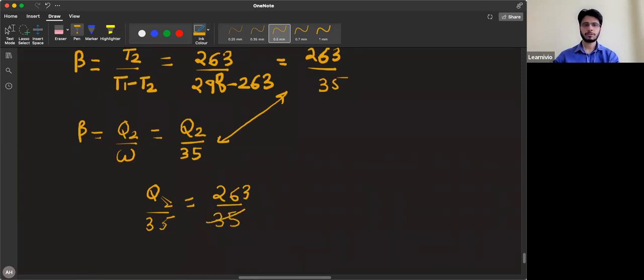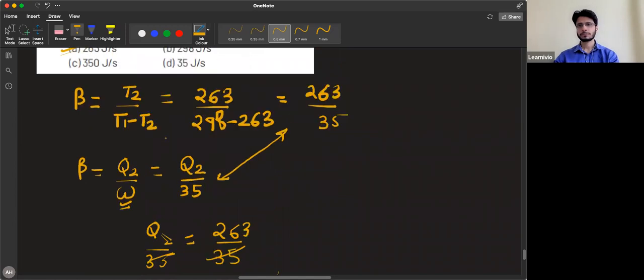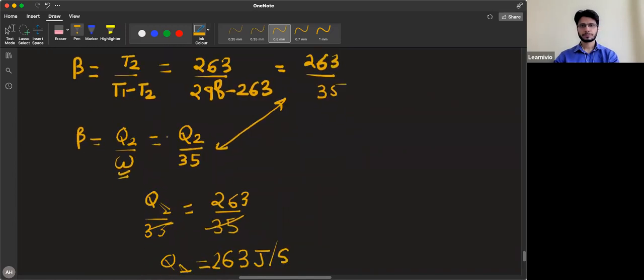It cancels. So Q2 comes out to be 263 joule per second. Because we use this W in watt. Watt means 1 second, so that's why this is joule per second. First answer. Adriel was getting the right answer.